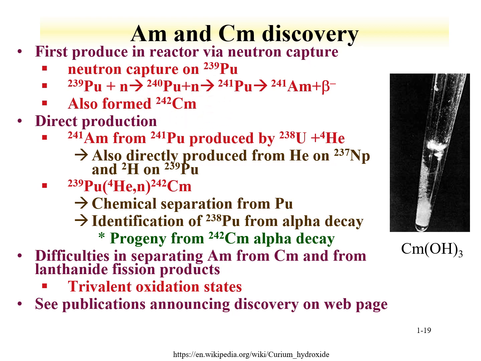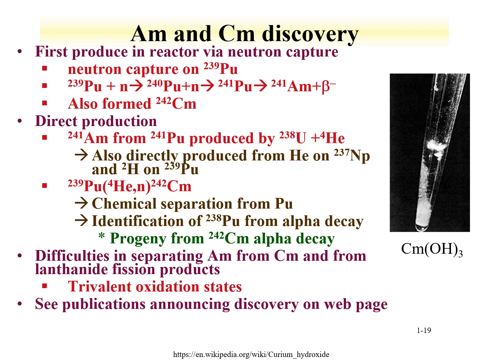There are also routes for doing direct production. Plutonium-241 would be produced, and it would beta decay to this americium-241. The plutonium-241 was produced by the reaction of uranium-238 plus an alpha particle. And then you could get another sort of direct production by using the same sort of reaction except with Neptunium-237.